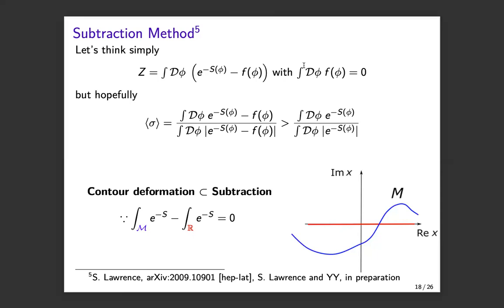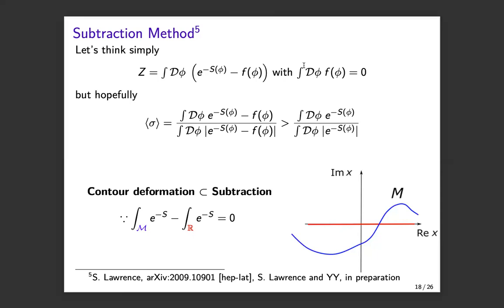Because what we did in the contour deformation is that we started from this real plane, and then we got rid of this real plane and introduced this contour. But we know that the integration of this function e to the minus s on this contour vanishes.